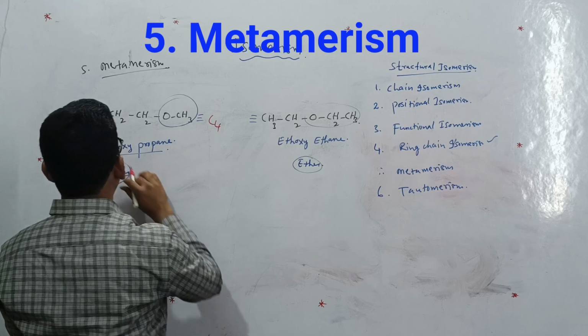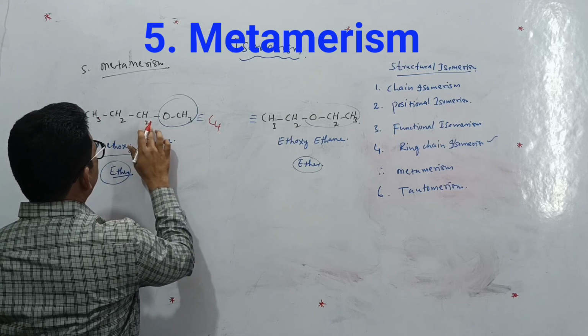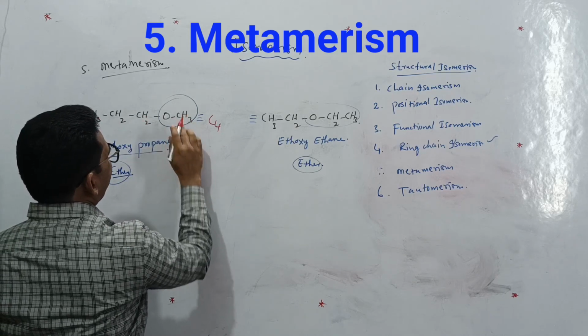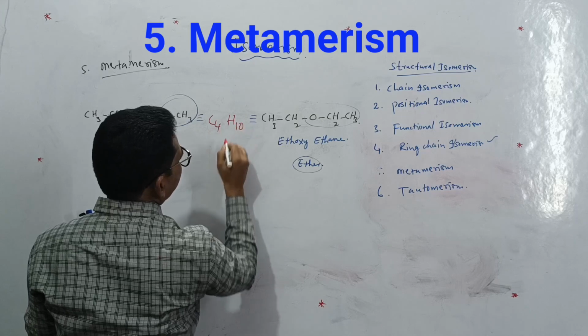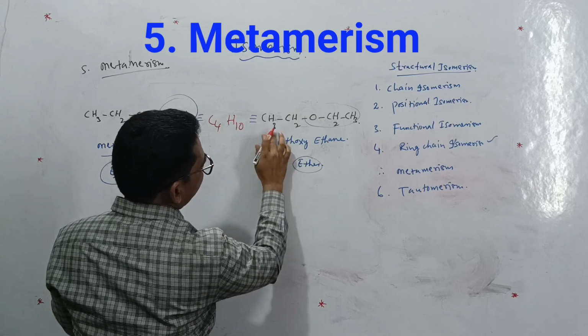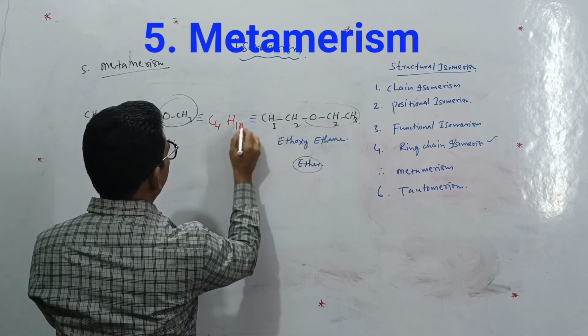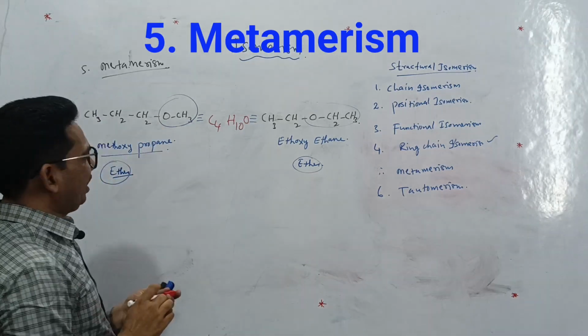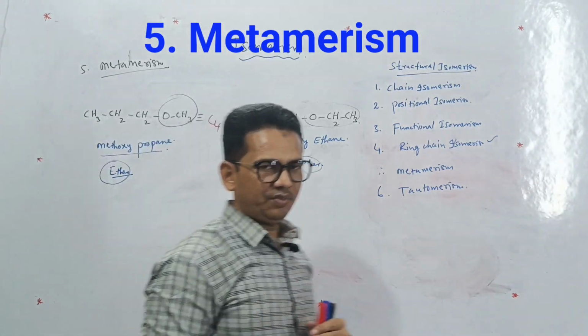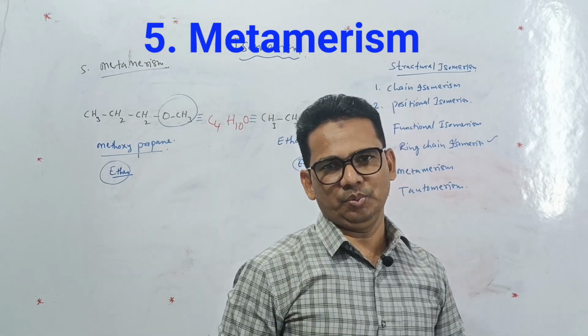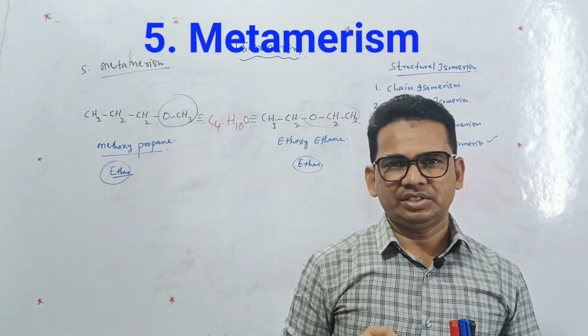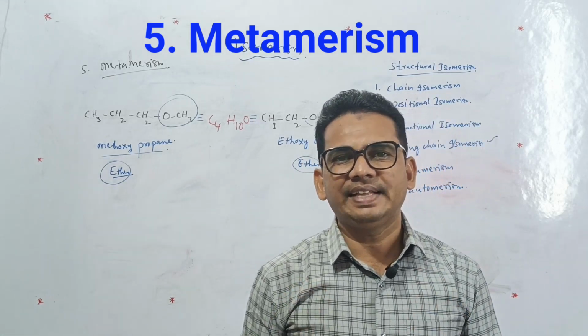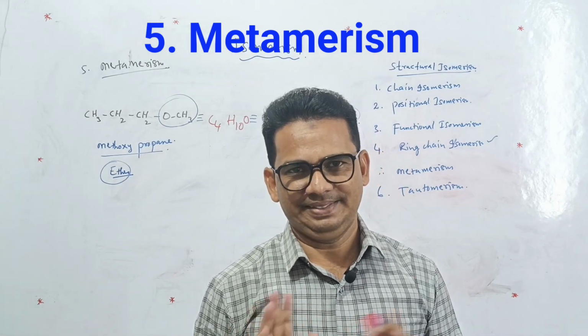In this also 4 carbons, hydrogens 3, 4, 5, 6, 7, 8, 9, 10, hydrogens 10. Okay, 5 plus 5 is 10, and oxygen is 1. Metamerism is nothing but, listen carefully, around the functional group there is a difference in the number of carbons.